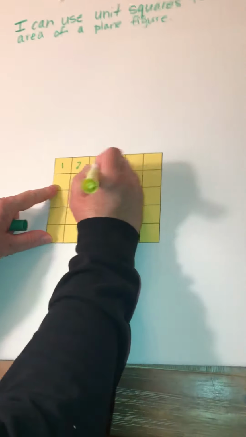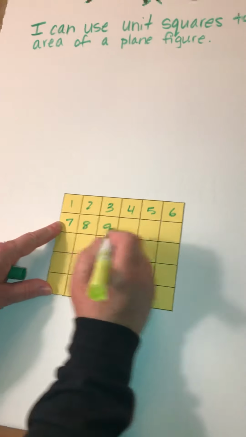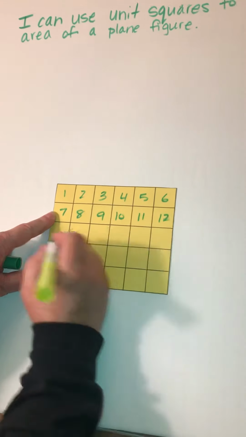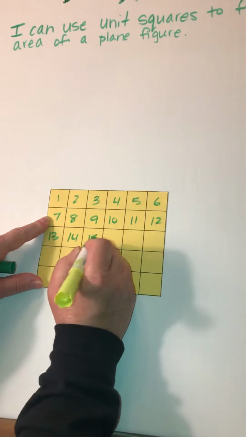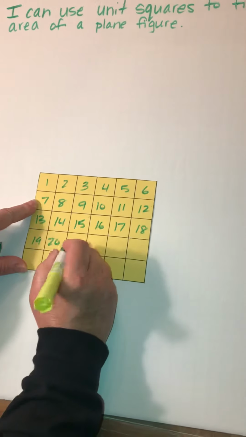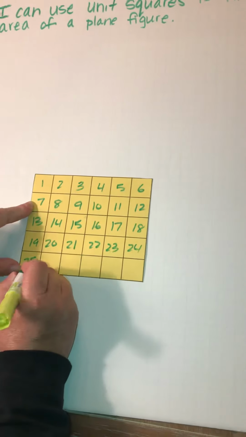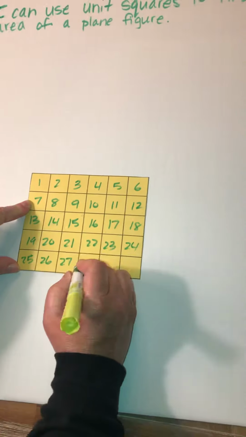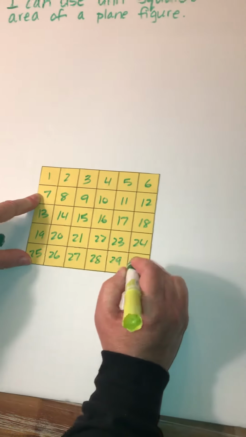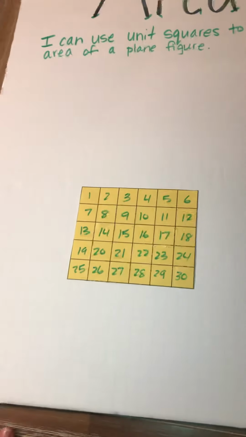So to find the area of this shape, you could count 1, 2, 3, 4, 5, 6, 7, 8, 9, 10, 11, 12, 13, 14, 15, 16, 17, 18, 19, 20, 21, 22, 23, 24, 25, 26, 27, 28, 29, 30. The area of this shape is 30 square units.